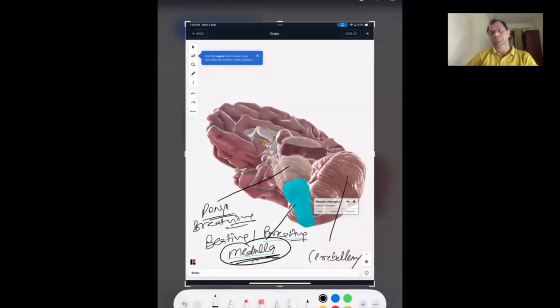Okay, so pons is having some control on breathing and some more functions of the pons are also there. It also regulates sleep. So the functions of pons are like this. So only 3 parts: pons, medulla oblongata, cerebellum.